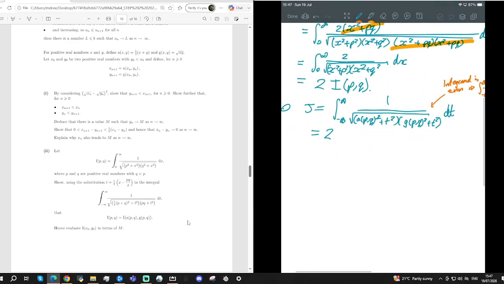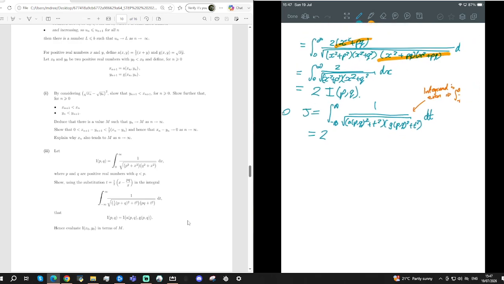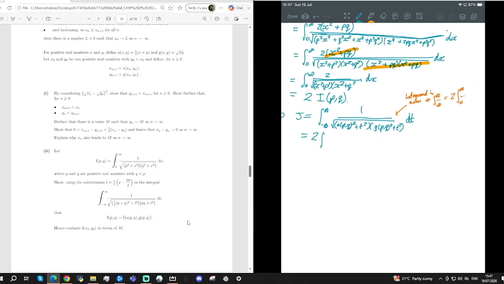So this is going to be equal to 2 lots of the integral between 0 and infinity of all this junk, which is 2 lots of I(a(p,q), g(p,q)).